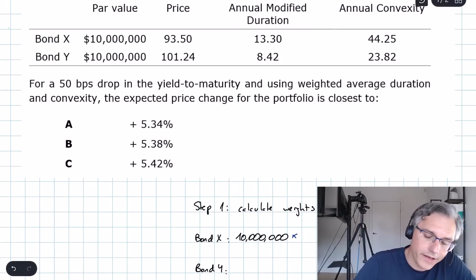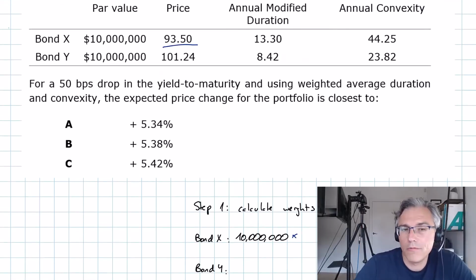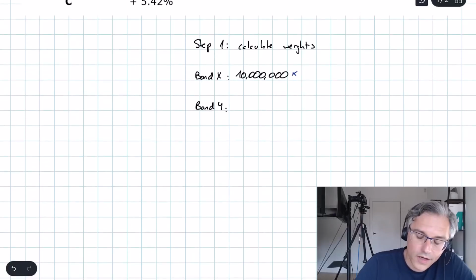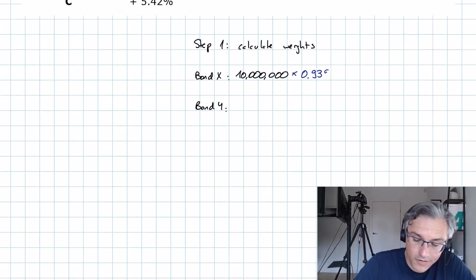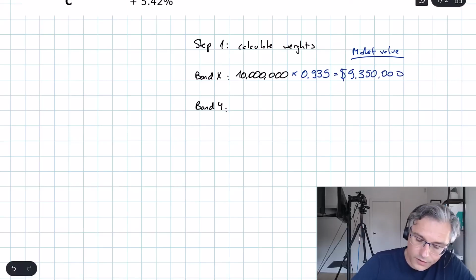I'm multiplying now by the price. Now this is obviously per 100 of par value, so I'm multiplying this by 0.935, which is going to give, I guess, a market value for this first bond, bond X, of $9,350,000.